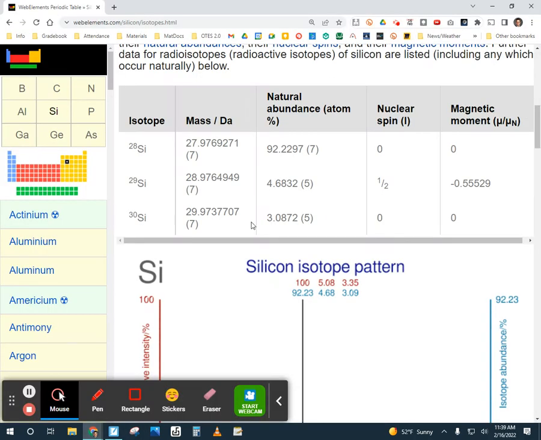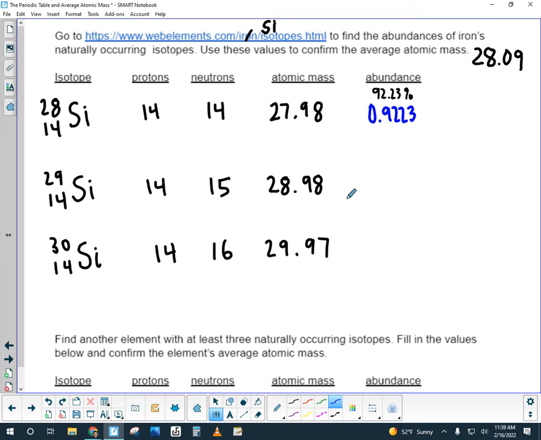So if I carry over those other percentages, again, I'm going to keep 4 significant digits. This one's going to be 4.683%, and this will be 3.087%. The decimal version of 4.683%, if I divide by 100, I'd be moving my decimal place 2 spaces to the left, so 0.04683.